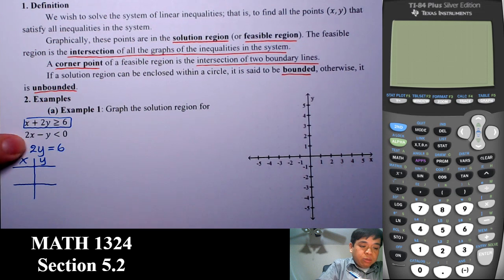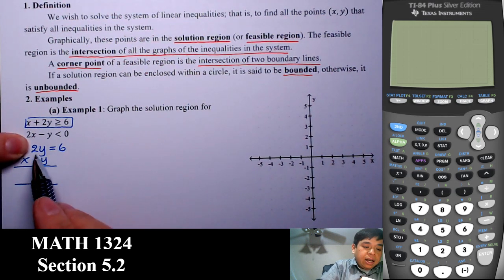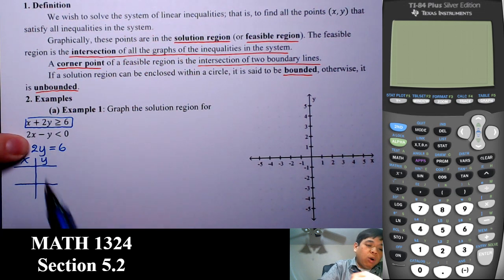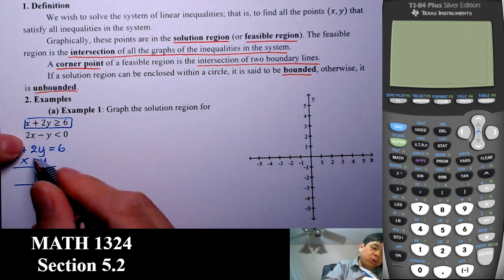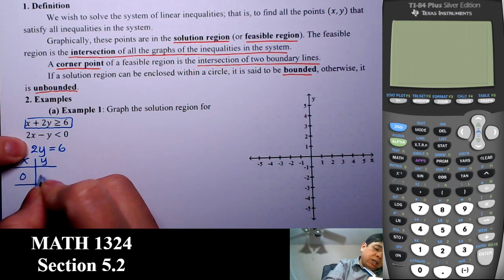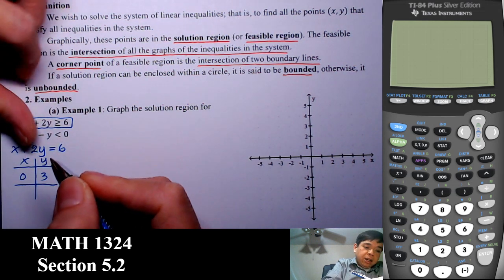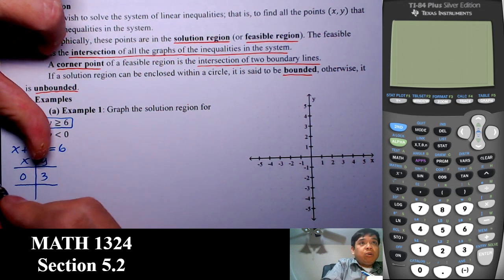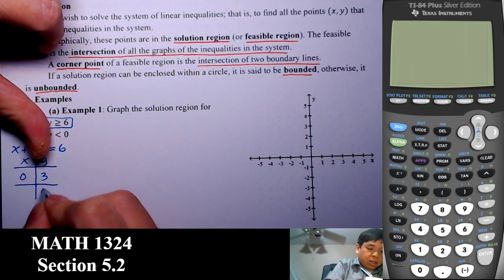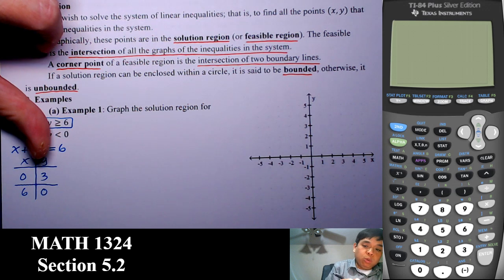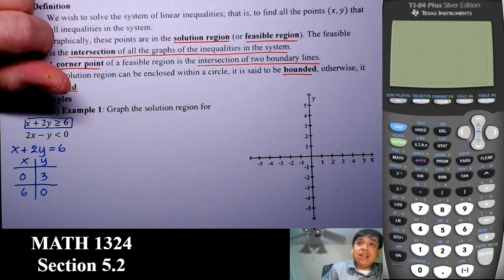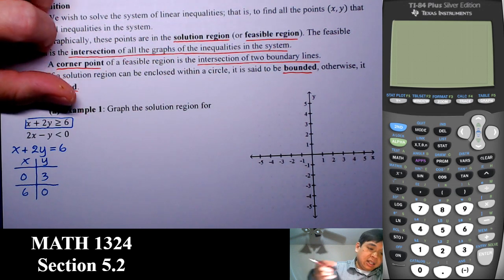If we choose x to be 0, then we don't have x anymore. We have 2y equal to 6, so y is equal to 3. If we choose y to be 0, then we just have x equal to 6. So we have those two points. We're going to graph that later. Now just go to the next one.